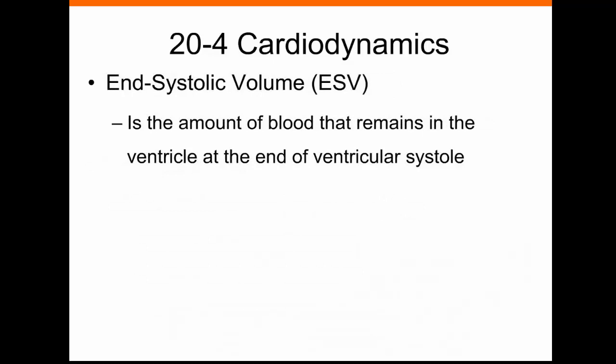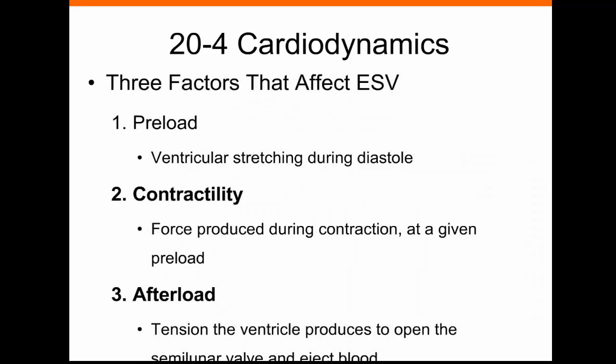End systolic volume is the amount of blood that remains in the ventricles at the end of ventricular systole. So after the heart contracts, at the end there will be a small amount of blood that remains in the ventricles. There are three factors that affect the end systolic volume.